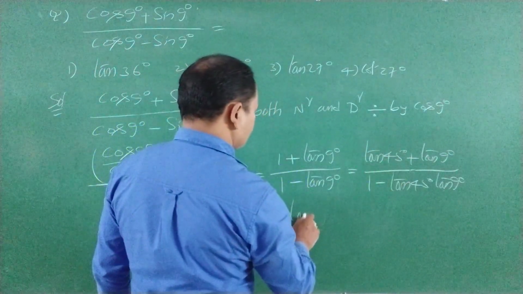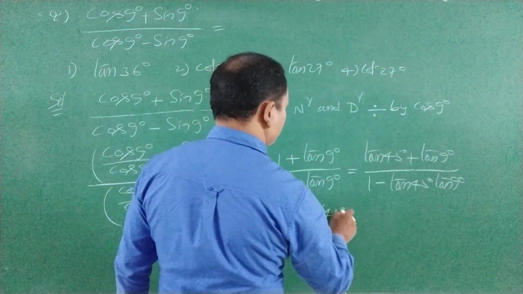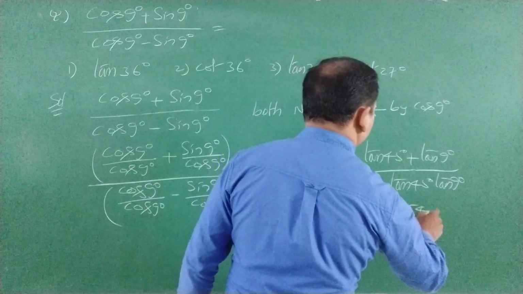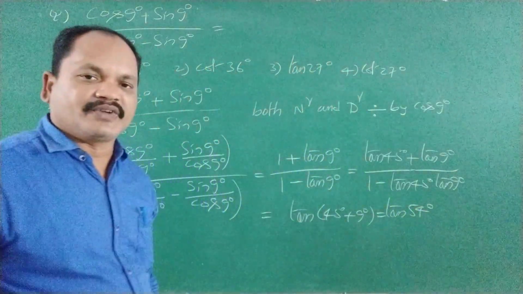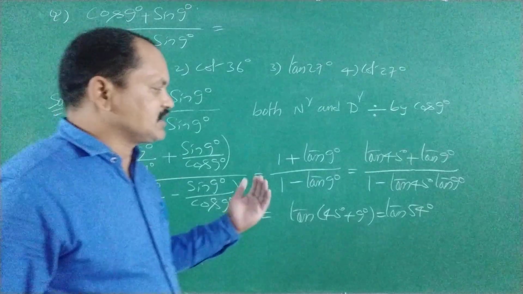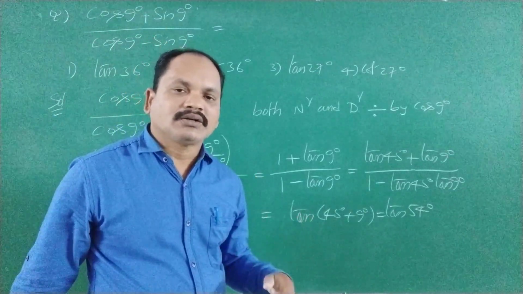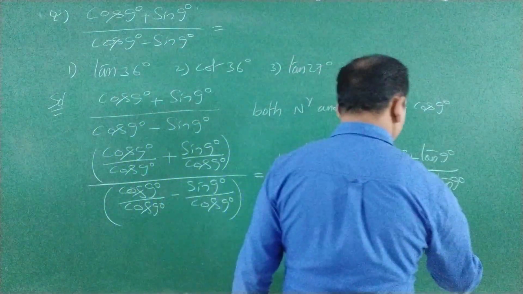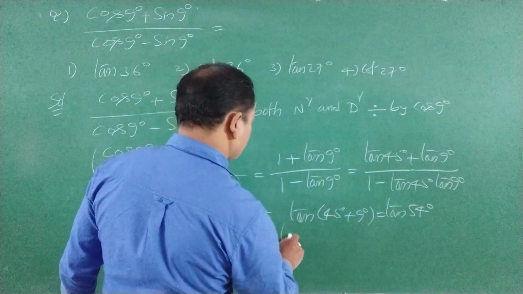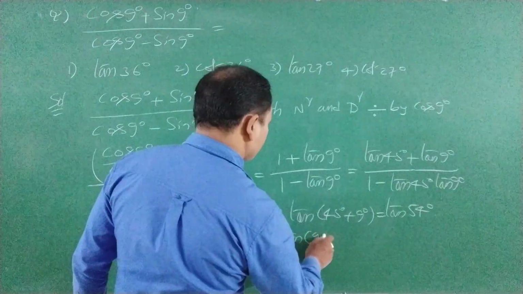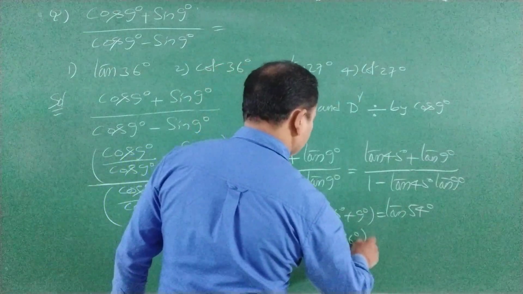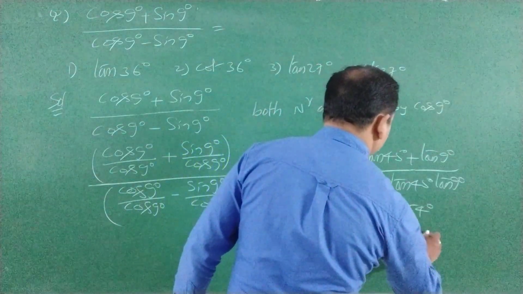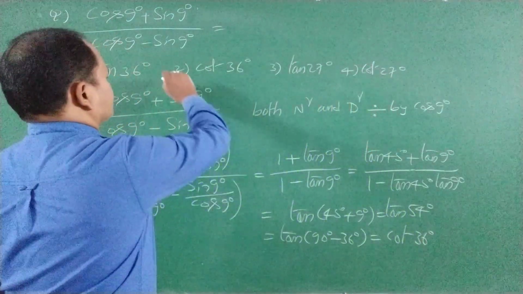That's why that is tan (45 plus 9), so that is tan 54 degrees. Tan 54 degrees is equal to cot 36 since they are complementary angles. Tan (90 minus 36) is cot 36 degrees. That is the second option.